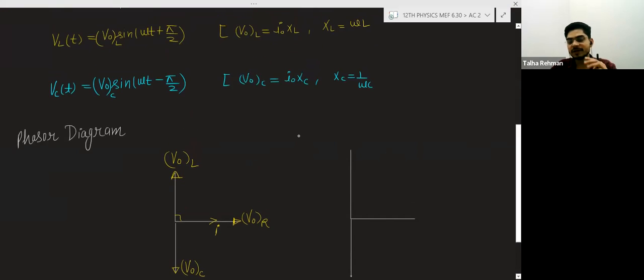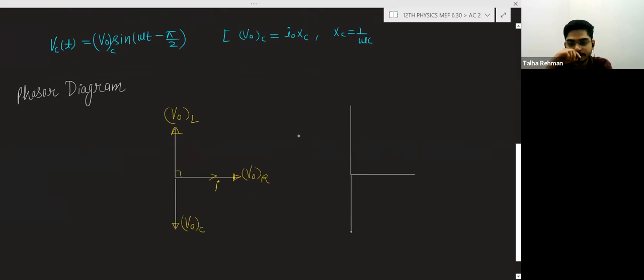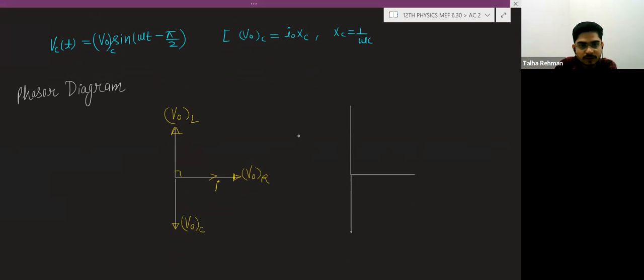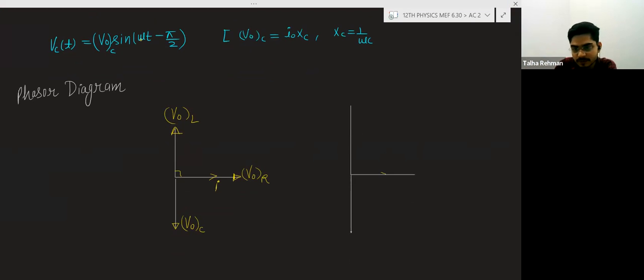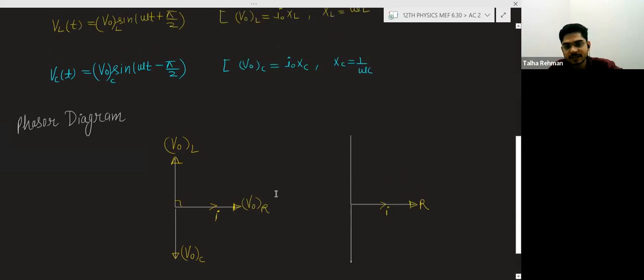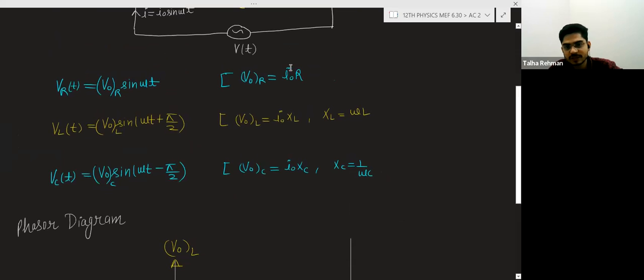Now in terms of the resistance, capacitive reactance and inductive reactance, we will draw the phasor diagram. So the current is in this direction, and resistance also we can take in this direction, because this is V naught R, and V naught R is proportional to the resistance.